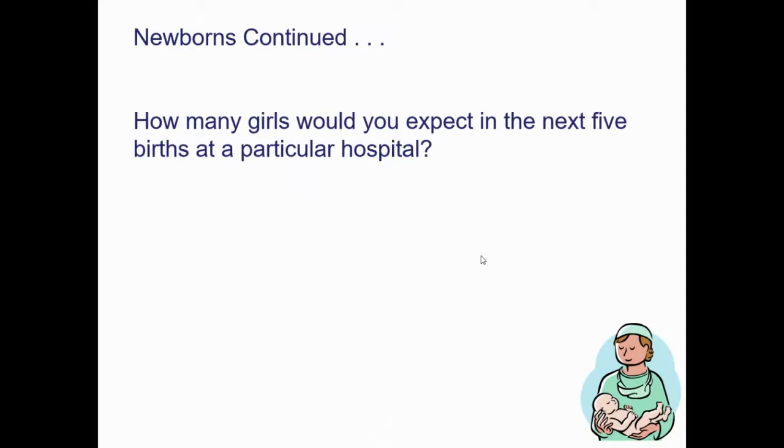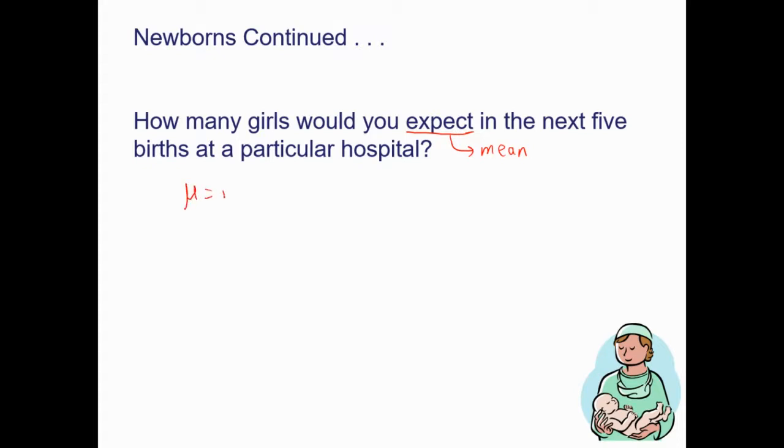So let's go back to our newborn example. How many girls do we expect in the next 5 births at a particular hospital? They're asking us about expected value, which is the same as what? Mean. Yep, it's going to be np.